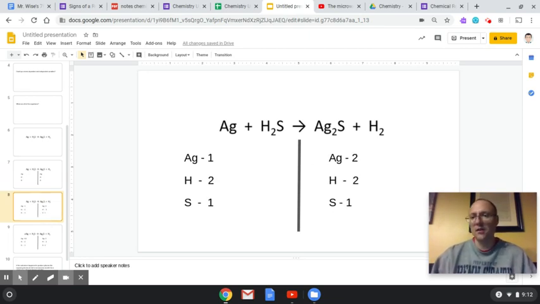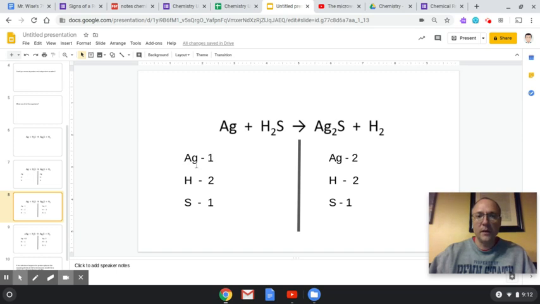So I've counted the number of atoms. Now the question isn't balance the equation. It's, is the equation balanced? And so really, we don't need to go all the way to the end to balance this particular equation. All we really need to do is step 1, which is to count the number of atoms on both sides of the equation, and then do a little evaluation of it. And that is, is it balanced?